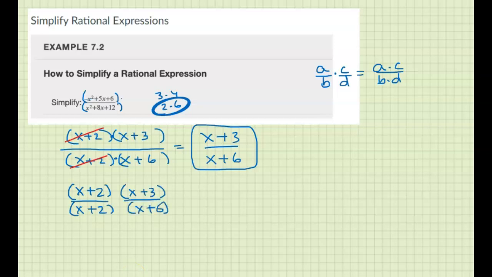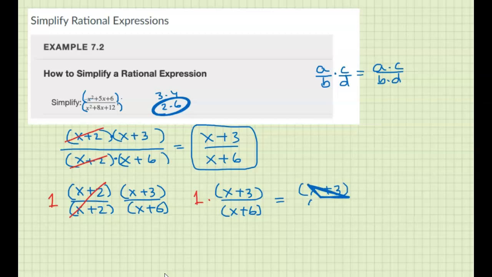And if I divide something by itself, this is going to be 1. So we have 1 times x plus 3 over x plus 6. And then the 1 just multiplies through. 1 times that is just that.